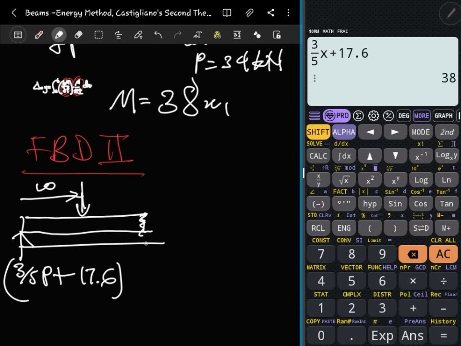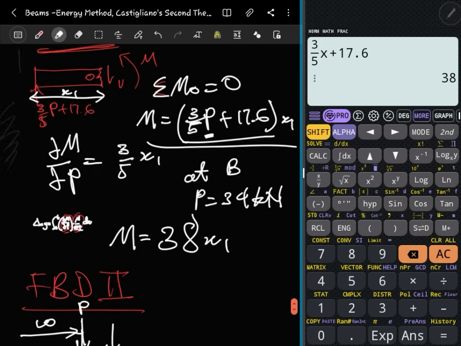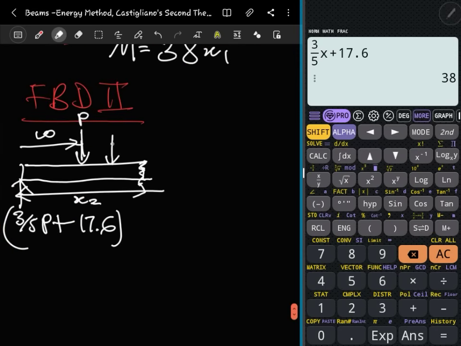And then there's a second section, x2. So there's a P, and then the uniform distributed load, which we are trying to center, so it's about here. The length from here to here is going to be x2 minus 10.